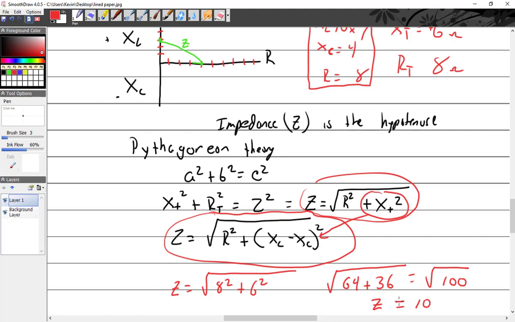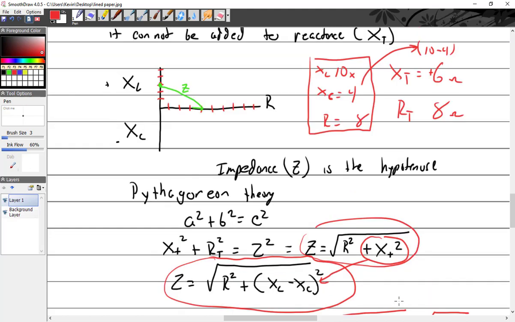That is my impedance. Kevin asks, what if the given number of xc is given as a negative? Oh, what a wonderful question. Let's just turn this around a little bit, and let's just say that x of L was 4 and x of C equals 10.